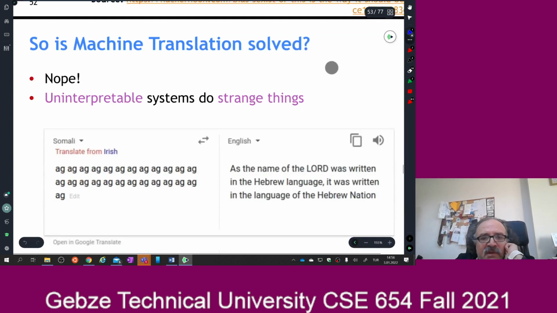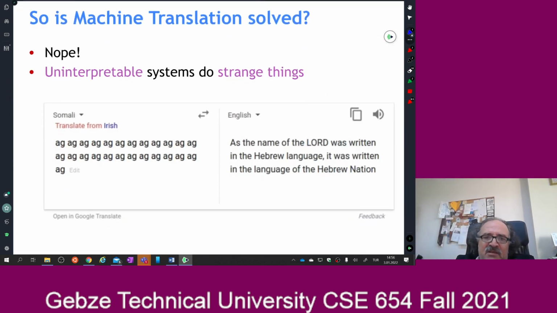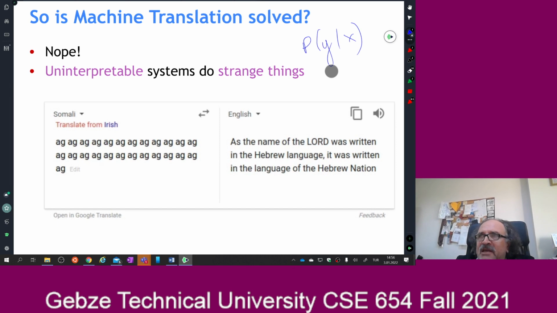Sometimes we get stupid stuff like this. You put nonsense words in it, and it gives you a nicely grammatically correct sentence out. Because remember, we are computing the probability of the sentence Y given sentence X. What is the corresponding sentence in the other language?